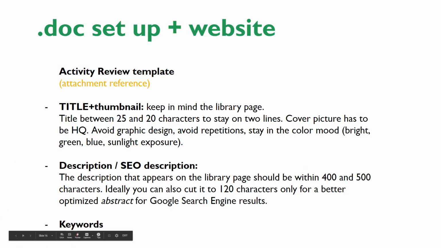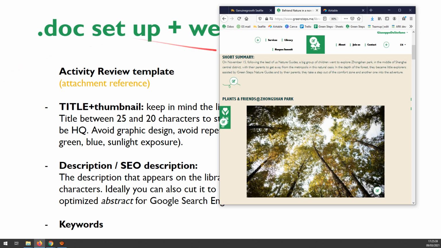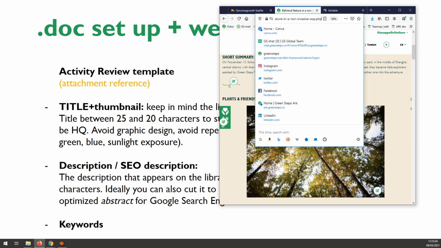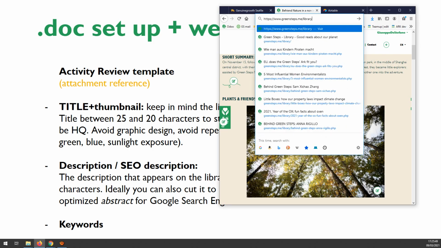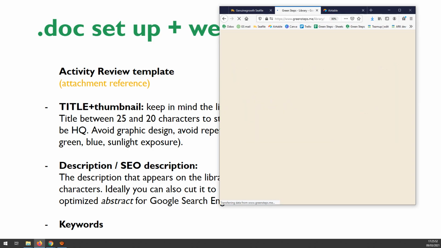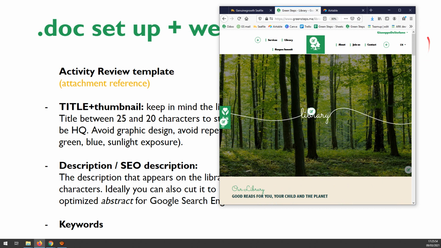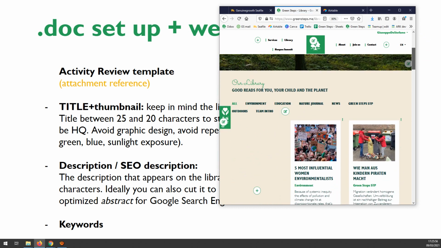Now, one thing that I have not told you and that needs to be reminded is that if you go back to the library page, let's say that you want to create a new content.